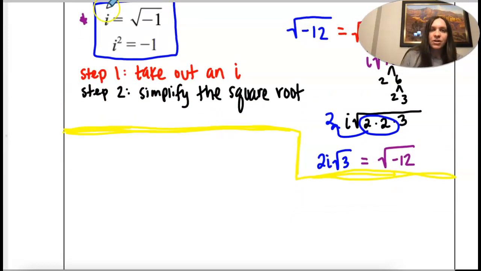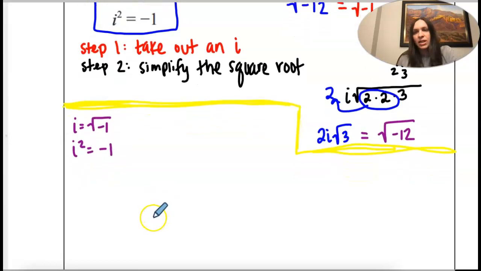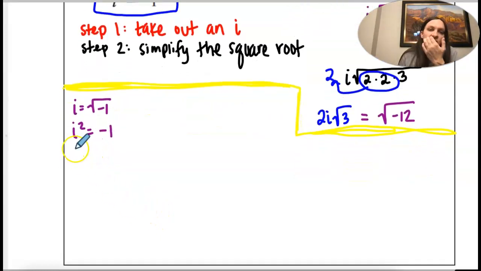So we're going to start with this. i equals the square root of -1. i squared is -1. And I could keep going. So if I was trying to find i to the third, I would take i squared times i.